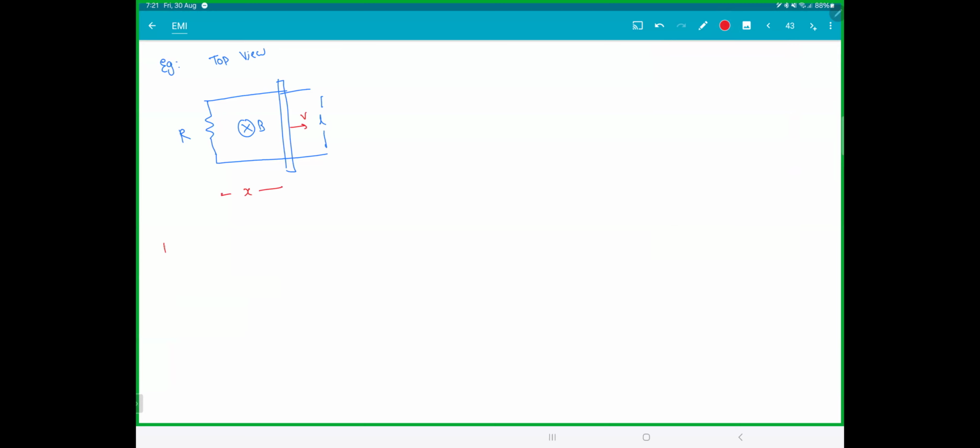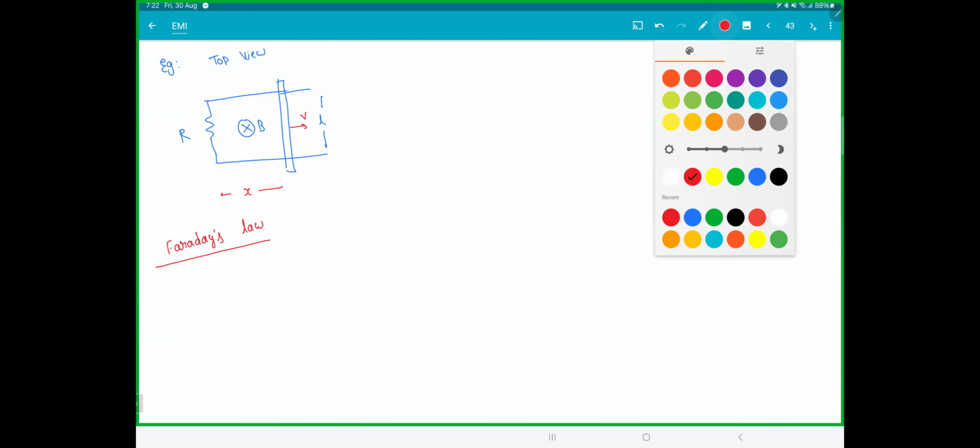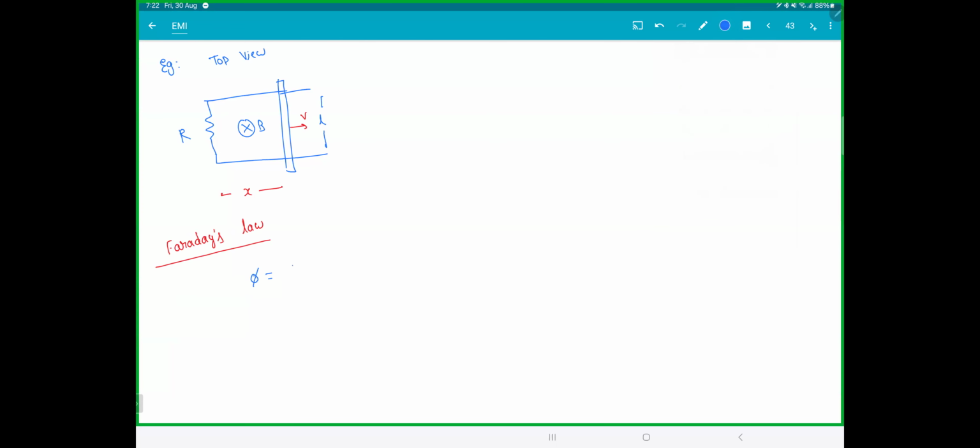So I'm using Faraday's law. Faraday will say the flux is magnetic field into length into X. The EMF will be BLV. And here the area is increasing.